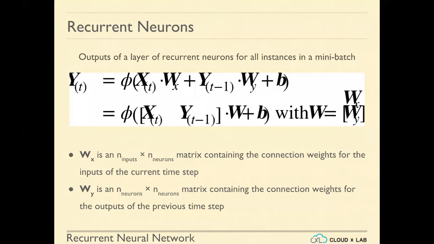And Wy is a matrix of number of neurons by number of neurons. It's a square matrix where the rows and columns are both equal to the total number of neurons that we have chosen.